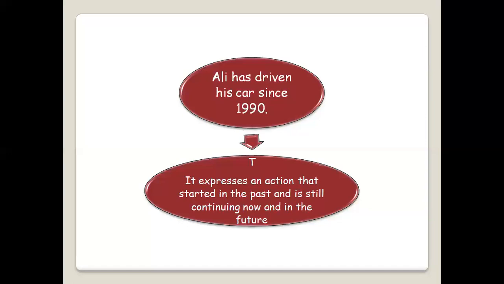In this usage I will use present perfect to express that this action started in the past, but it still exists. It exists now and maybe for the future time.